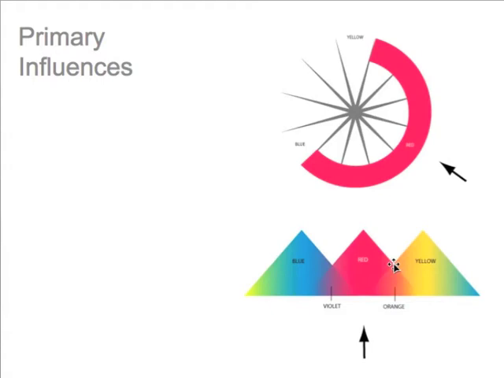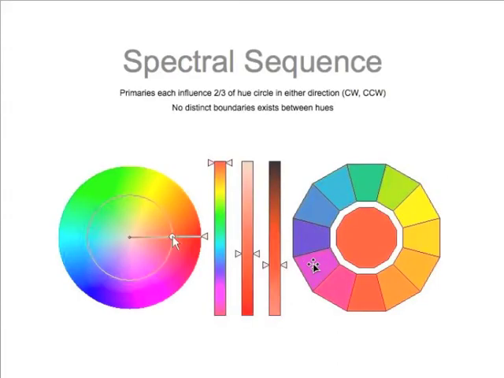Halfway between, we get to orange, and then as we move over, we get into red-orange, and then into red, and then we're into red-violet as blue starts having an influence, and then violet, which sits right between red and blue, and then as we move toward blue together we have blue-violet. So each of the primaries influences 2/3 of the circle in varying amounts, and that is how we have a natural order, or what's known as a spectral sequence.